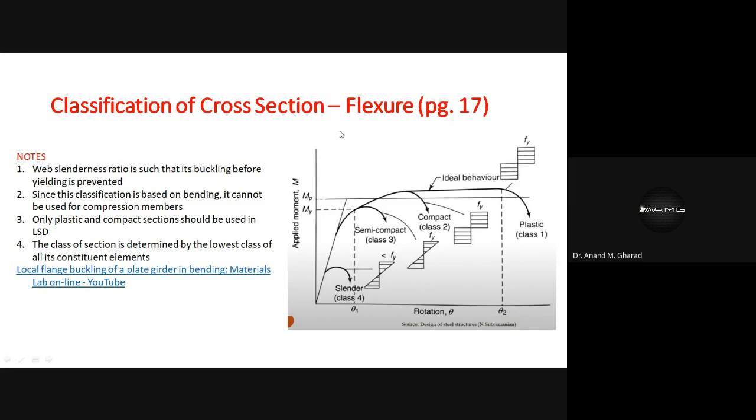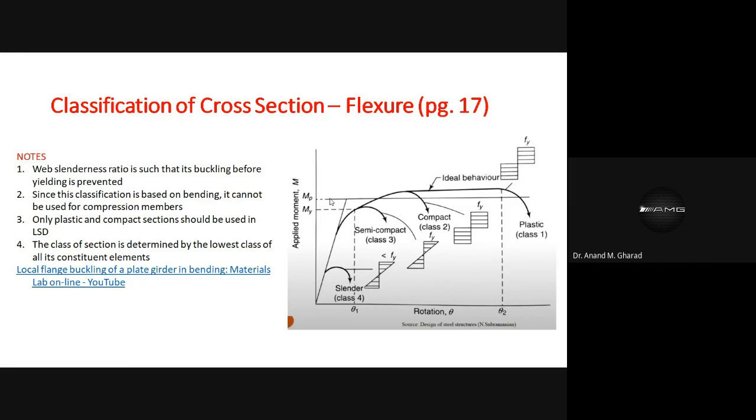So that's why I have been repeating that whatever discussion we are doing is with respect to a beam or a member which is subjected to flexure. Okay, so this classification whatever I have discussed is true only for beams.